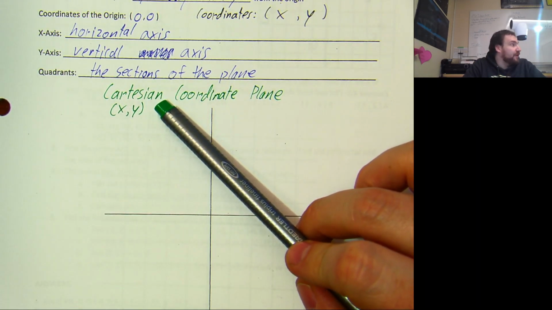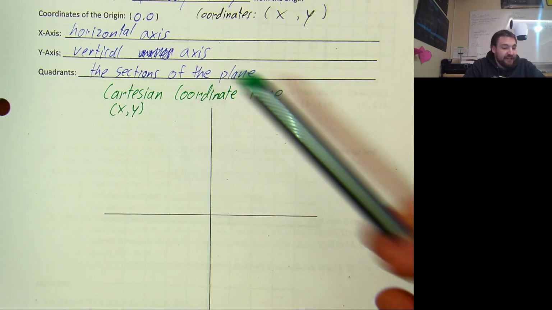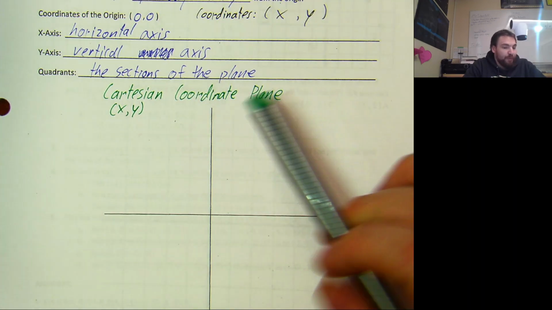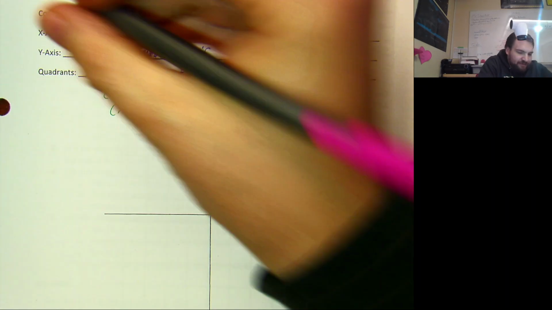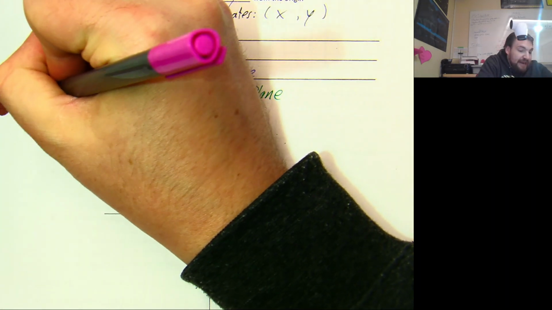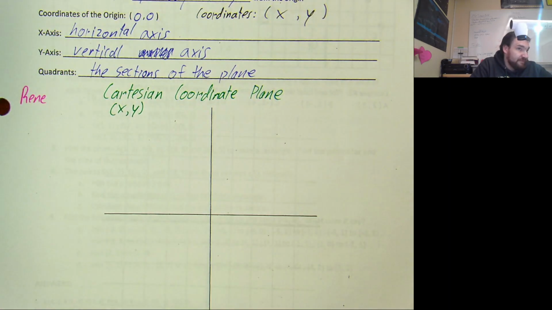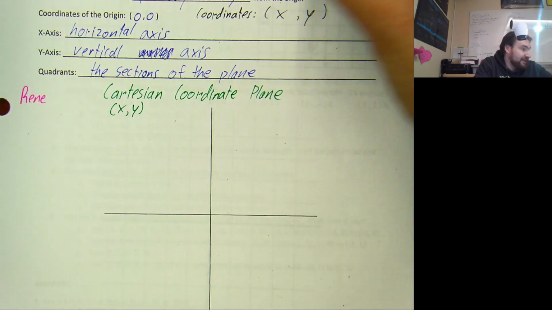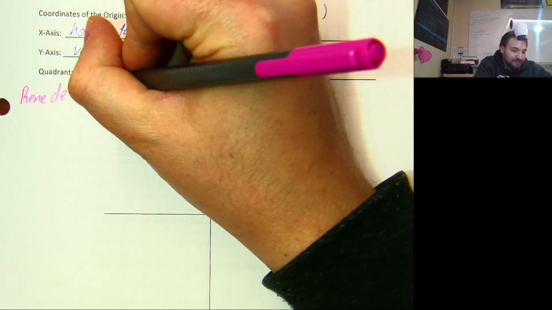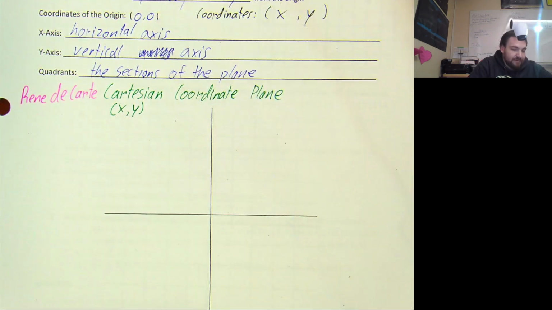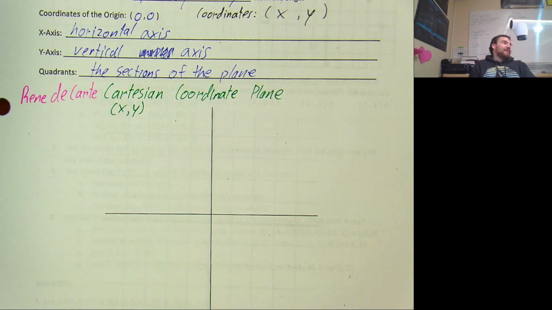Both the science of cartography and the Cartesian coordinate plane were created by a dude whose name, if you don't know already, you're going to learn now. First name was Rene. Does anyone know what the last name is going to be? Rene Descartes. There's accents on some of those E's.